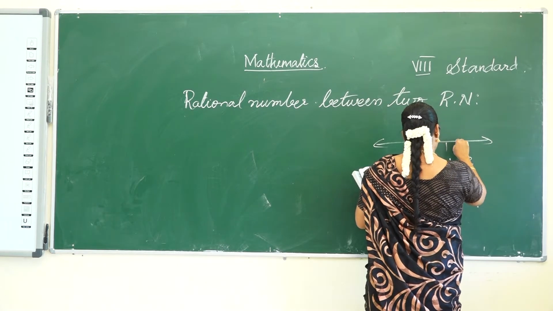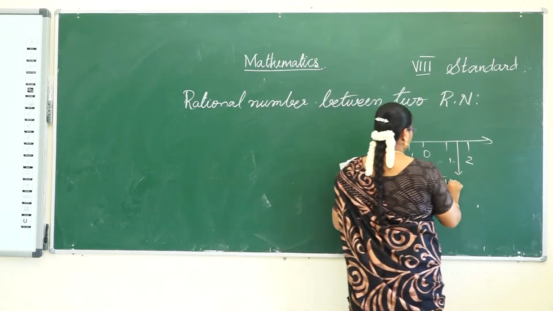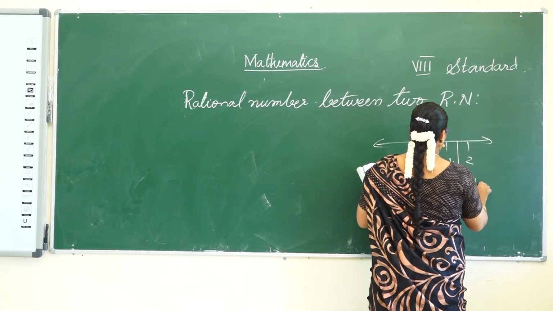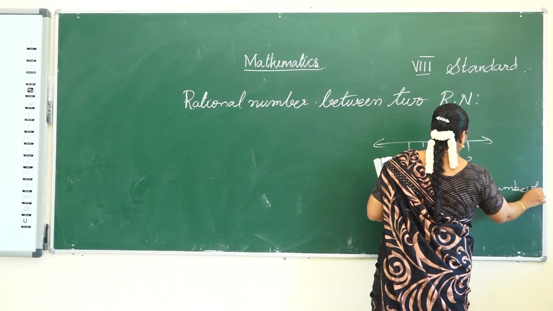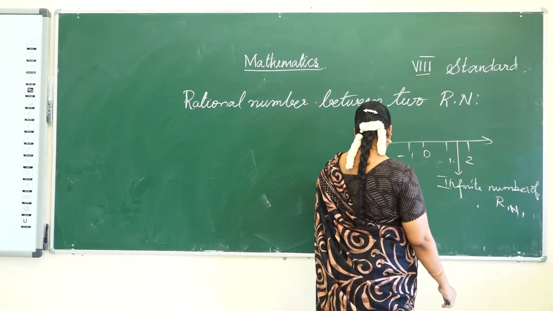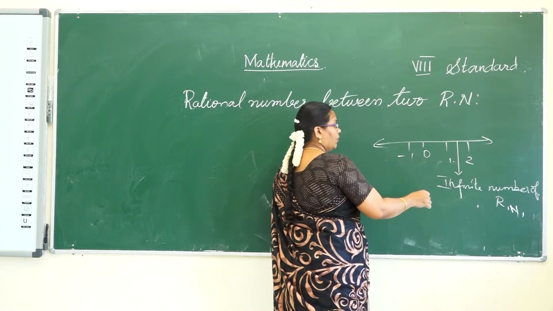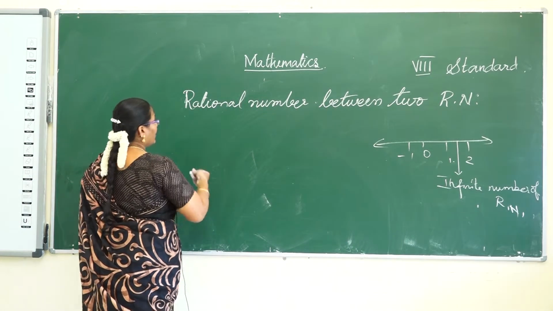Okay. So, in between, an infinite number of rational numbers are there. So, how do you find those rational numbers? We will see now. Okay. Listen.